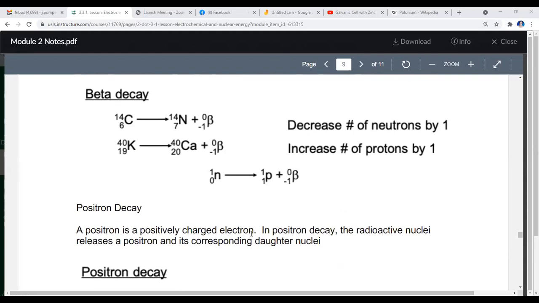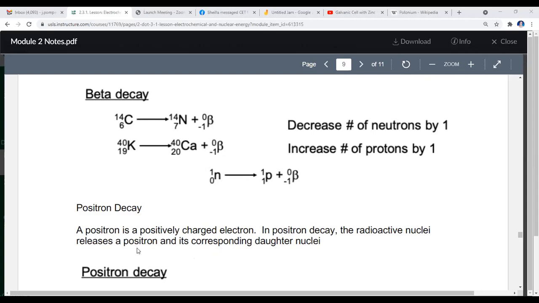I proceed to positron decay, okay? Positron decay. A positron is a positively charged electron. In positron decay, the radioactive nuclei releases a positron and its corresponding daughter nuclei.